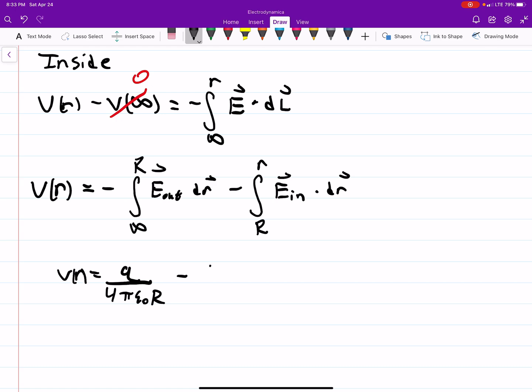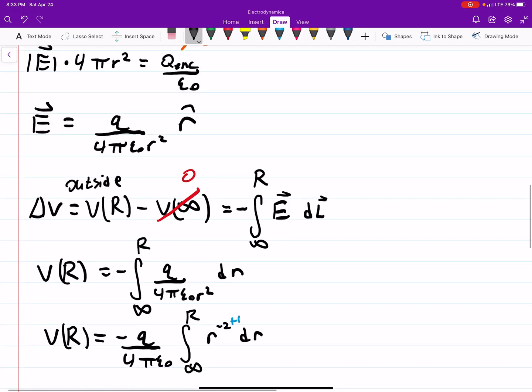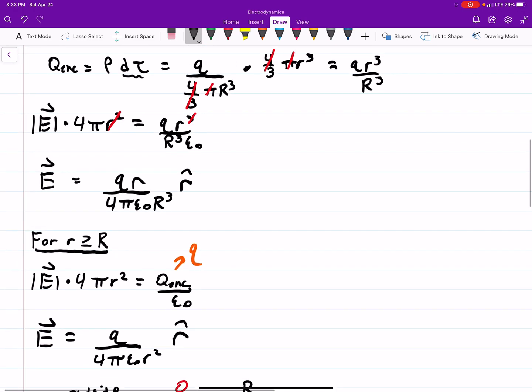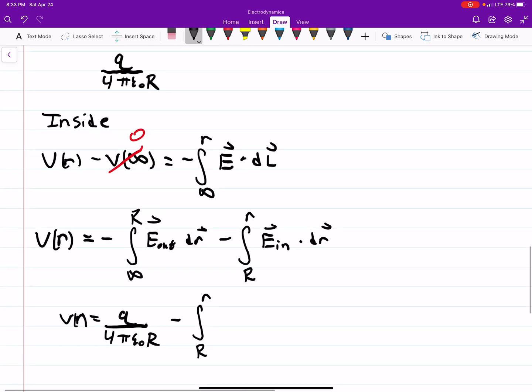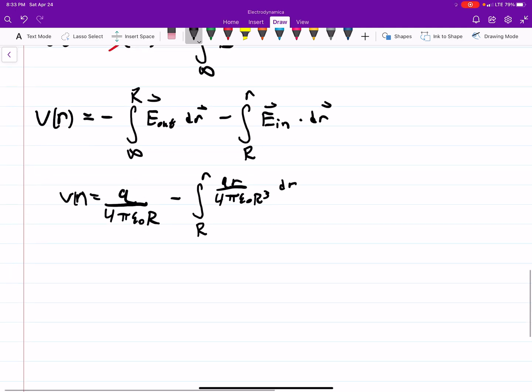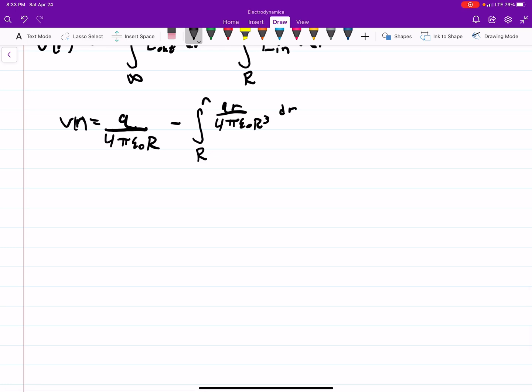But now we have to integrate from big R to little r, and your inside E field, which is Q little r over 4 pi epsilon naught big R cubed dr. Okay, so we can factor out a whole bunch of stuff here.